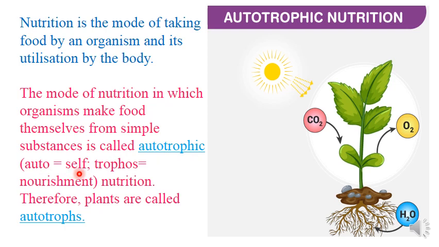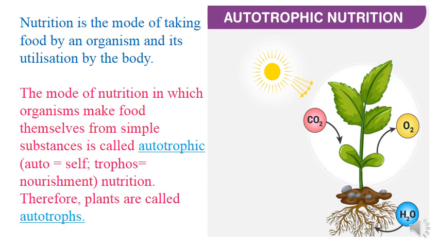Auto means self, trophe means nourishment. That type of nourishment is called autotrophic nutrition. Therefore, plants are called autotrophs. Plants take carbon dioxide, sunlight, and water, and they prepare the food themselves by the process of photosynthesis.